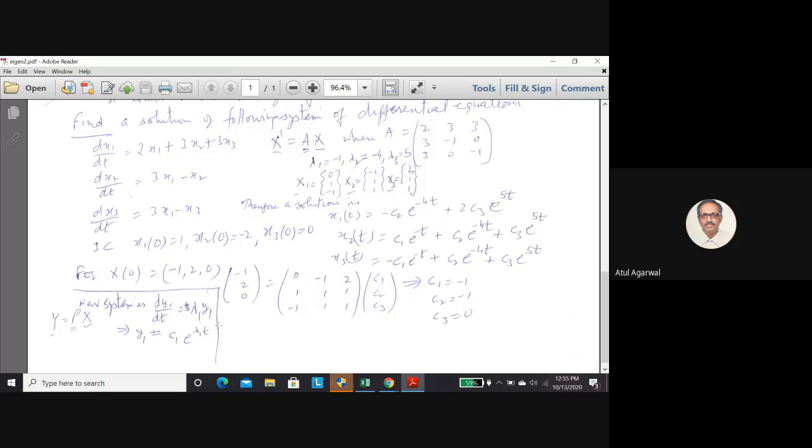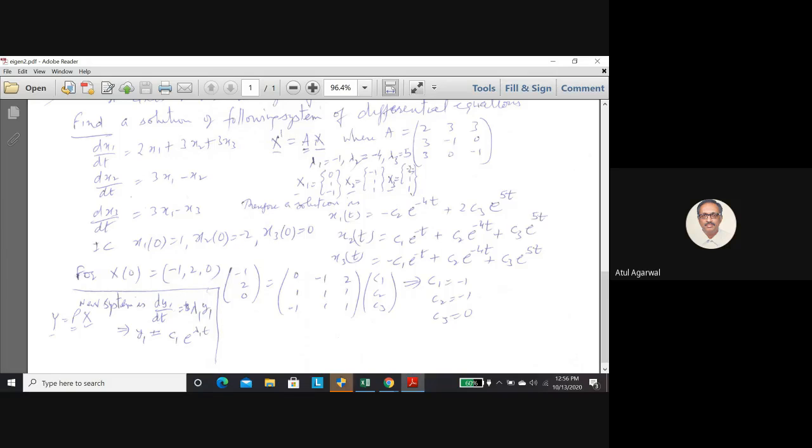Your y solutions are what? e to the minus t, e to the minus 4t, e to the 5t. Okay. Now you use these things. So this matrix into your y solution. So your x vector is equal to the P matrix into y. So you see here, your first solution y1 will multiply with 0 and it is not contributing. Then there is a minus 1 and your second solution is e to the minus 4t.